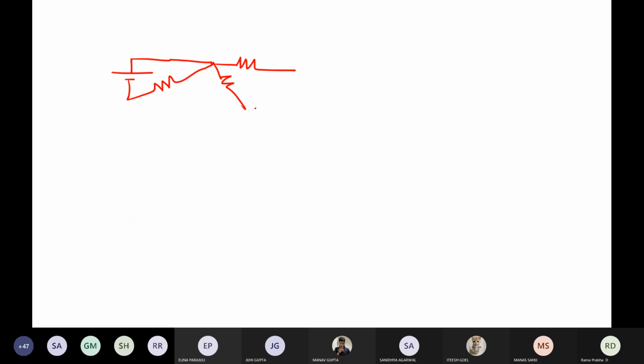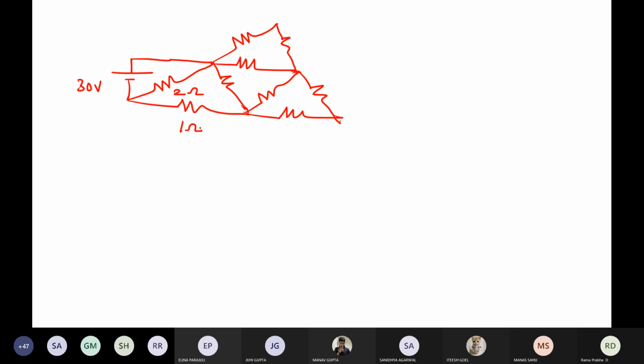This type of problem will help you a lot. All of you note down this problem. This is 30 volt, 2 ohms, 1 ohm.